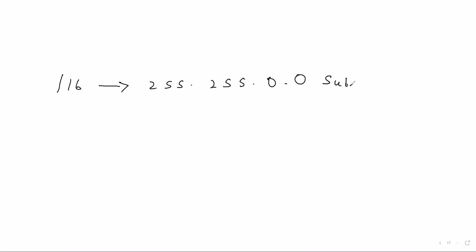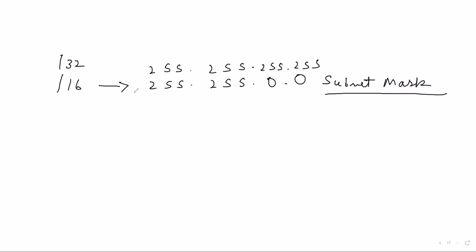So what I will do, I will subtract from /32. Okay, let's subtract. 0.0.255.255. This is the wildcard mask.